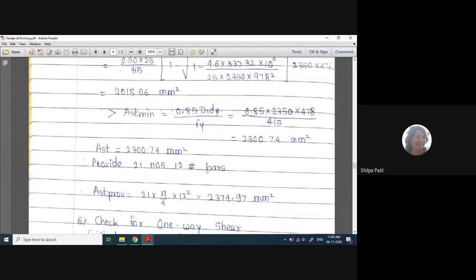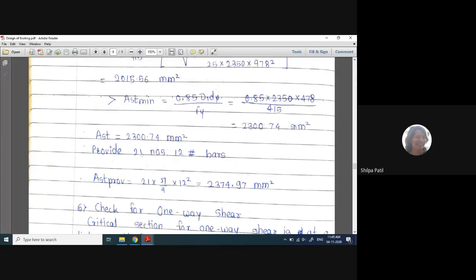Again, whatever bar diameter we have used in X direction, the same is to be used for Y direction. Number of bars we need to calculate accordingly. So number of bars are coming as 21. So provide 21 numbers, 12 diameter bars. The provided AST is calculated again here.